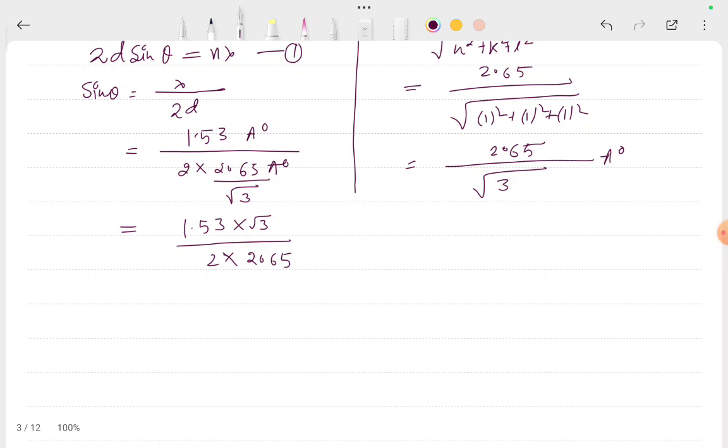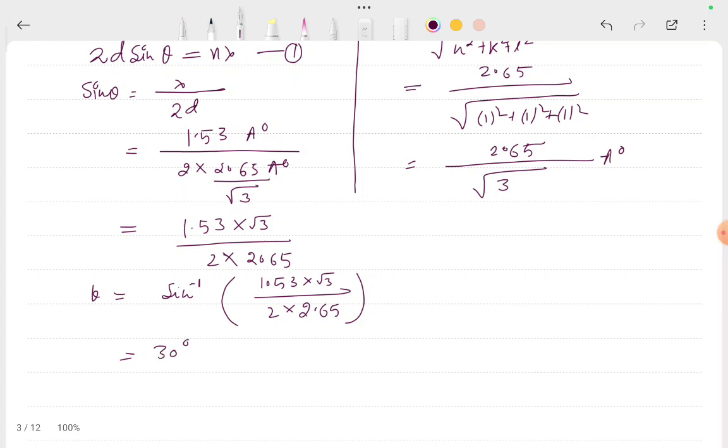So theta equals sin inverse of 1.53 into root 3 upon 2 into 2.65, and this way I get the value, which is approximately 30 degrees.